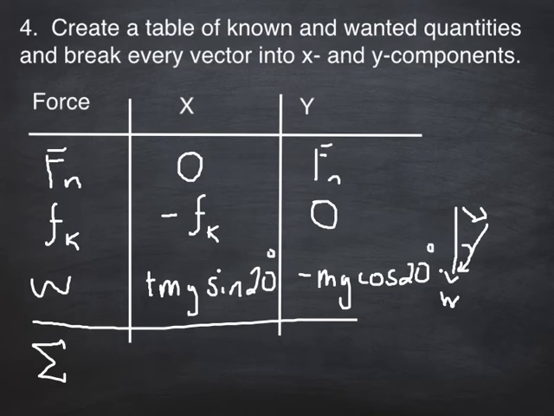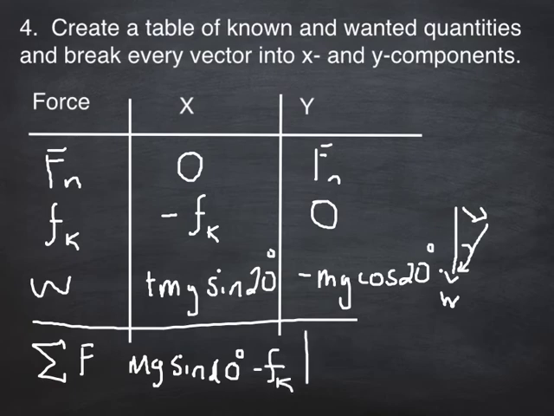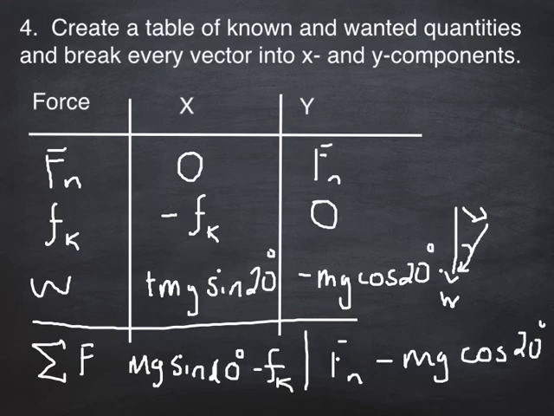So in x, I know that the sum of the forces in x is equal to mg sine of 20 degrees minus the friction force, and in y, I know that the sum of the forces is the normal force minus mg cosine of the 20 degrees.